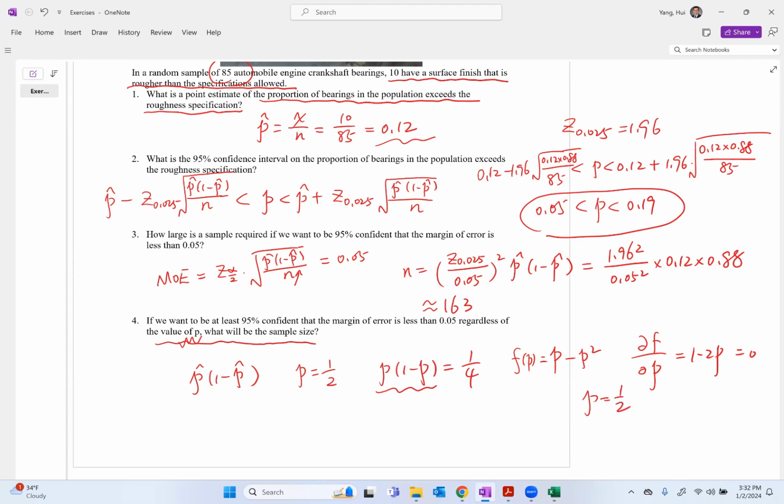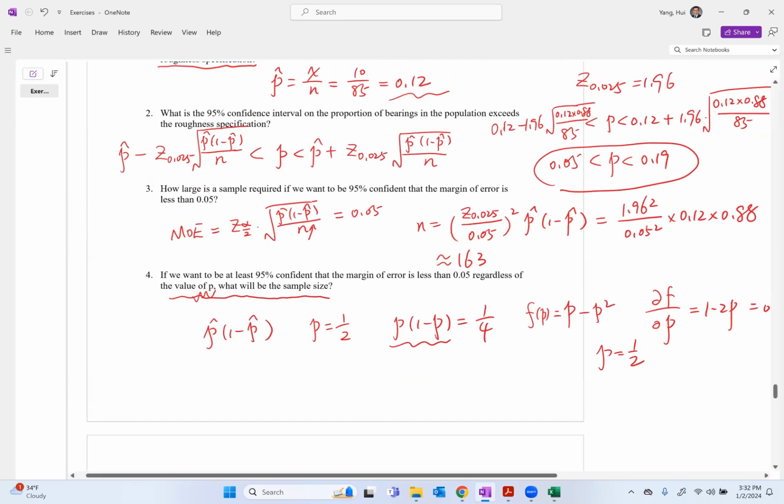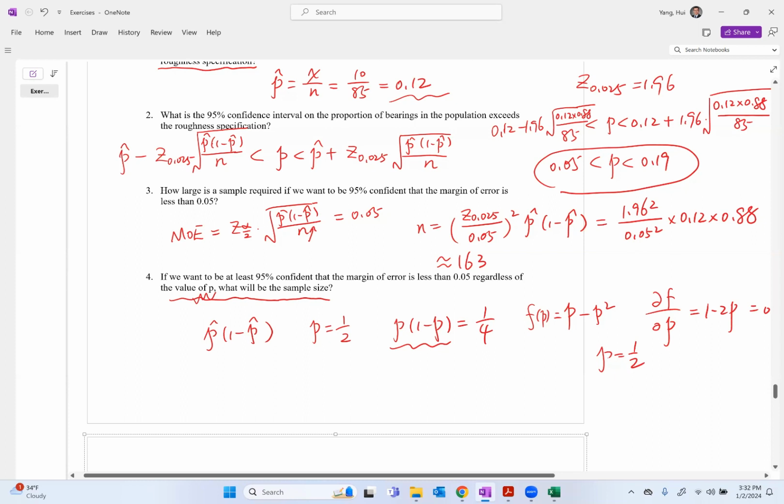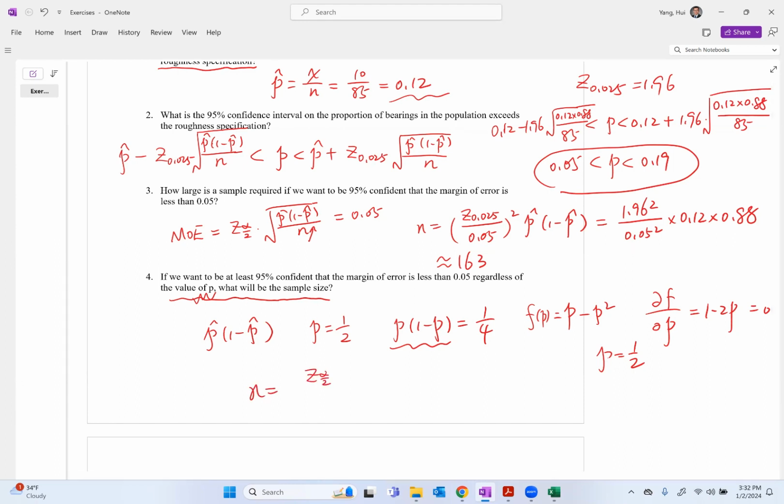Now, regardless of p in the margin of error, n should equal Z alpha over 2 over the margin of error, squared, times p times 1 minus p.